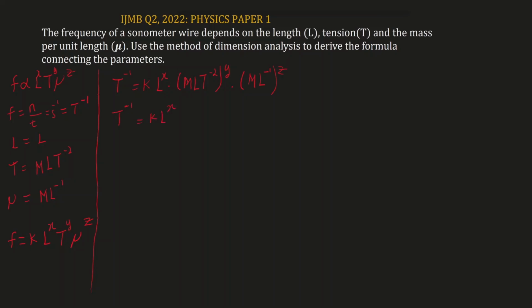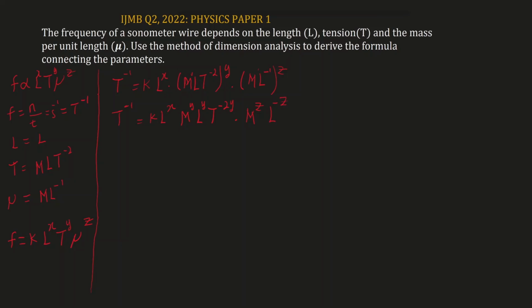We multiply all the exponents by y. So the exponent of mass here is 1, so M to the power of 1 times y is M to the power of y. L to the power of 1 times y is L to the power of y. Then T, -2 times y is -2y. Multiply by, this is M to the power of 1 right here, so M to the power of z. And L to the power of -1 times z is L to the power of -z.